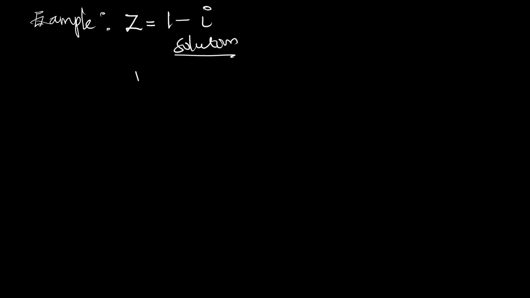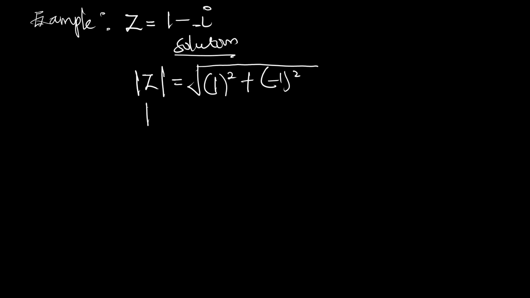The modulus of z, which is the absolute value of z, is going to be the square root of the real part squared. Here the real part is 1. So 1 squared plus the imaginary part, negative 1, squared. When you compute this, you are going to get the square root of 2. So this is the modulus. Let's move on to the principal argument.